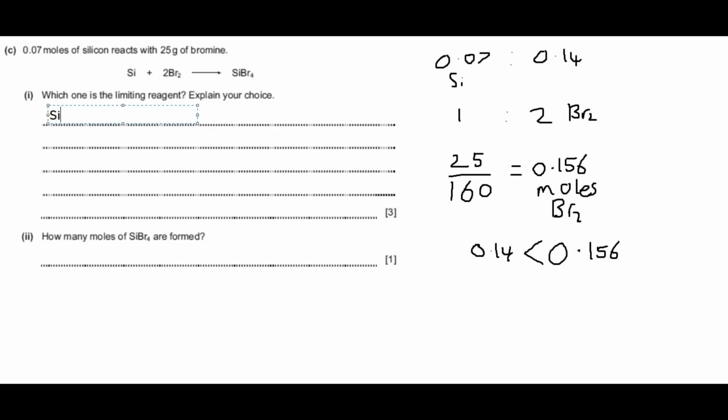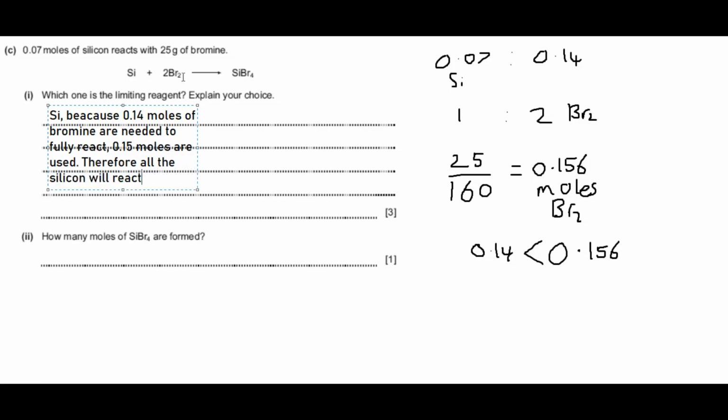Silicon is the limiting reactant because 0.14 moles of bromine are needed to fully react. 0.156 moles are used. And then you can expand that. You can say, therefore, all the silicon will react.